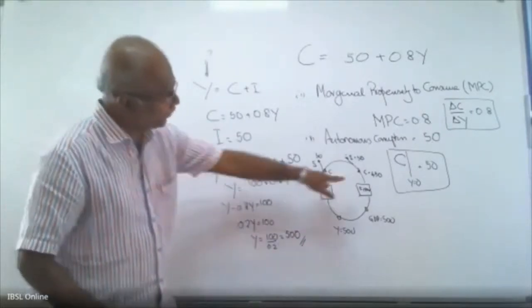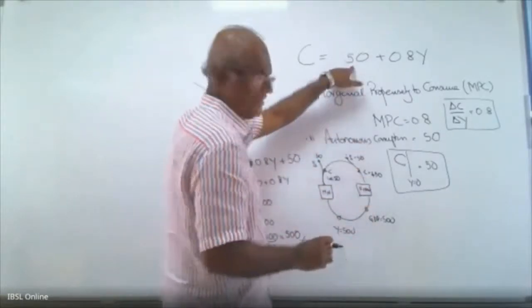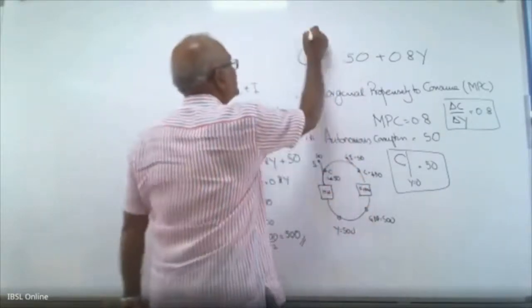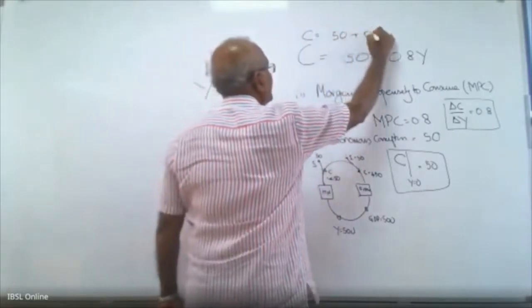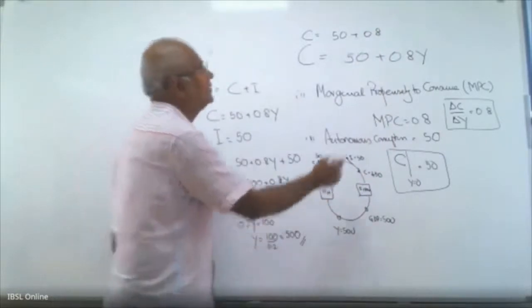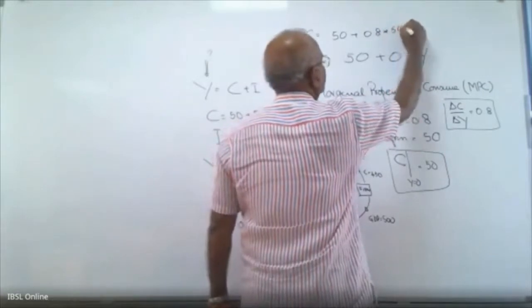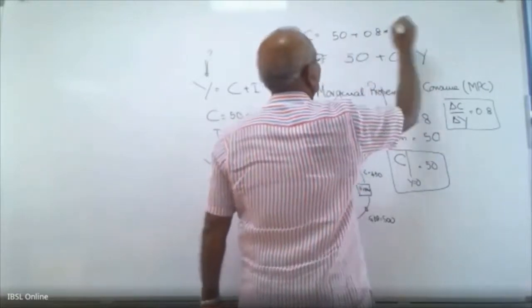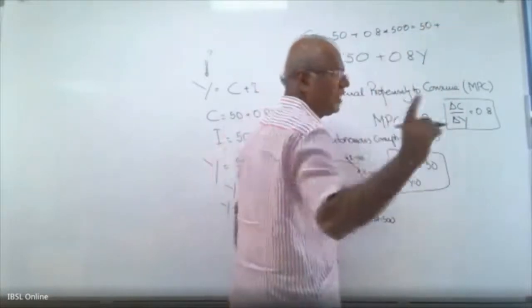This 450 we can derive using the consumption function. C equals 50 plus 0.8y. Y is 500. C equals 50 plus 0.8 into 500, which is 400.